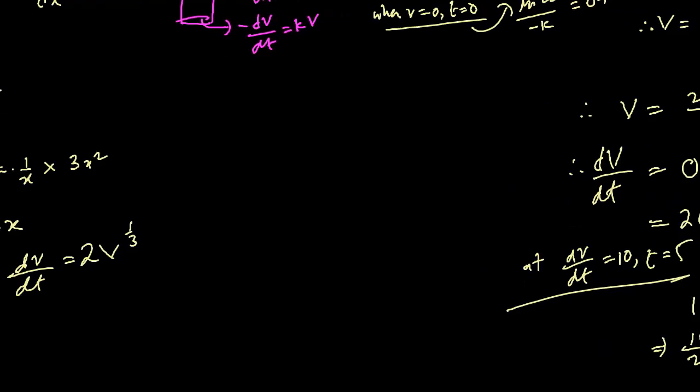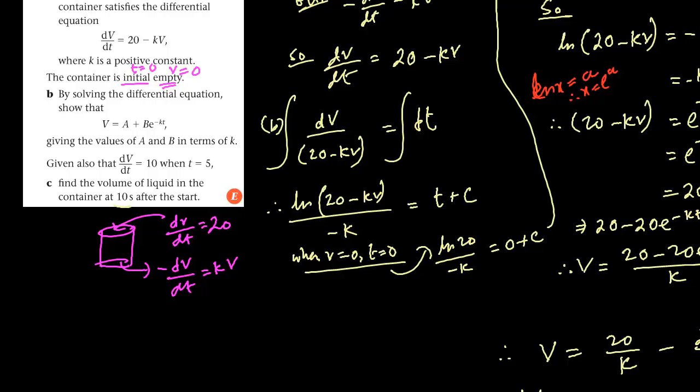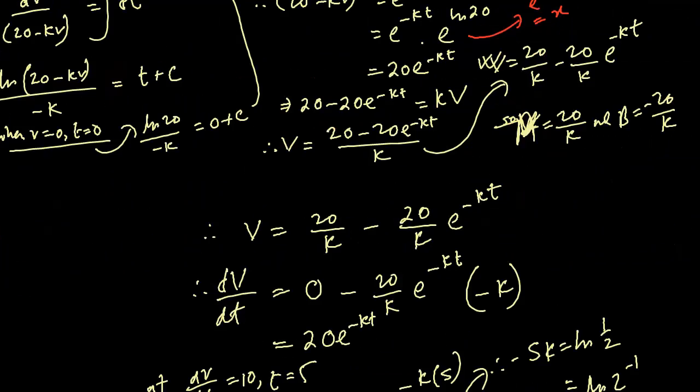Now what we have to do is find the volume. So we know the formula, and we can put the value when t equals 10. So find the volume when t equals 10. Let's get back to the volume expression.